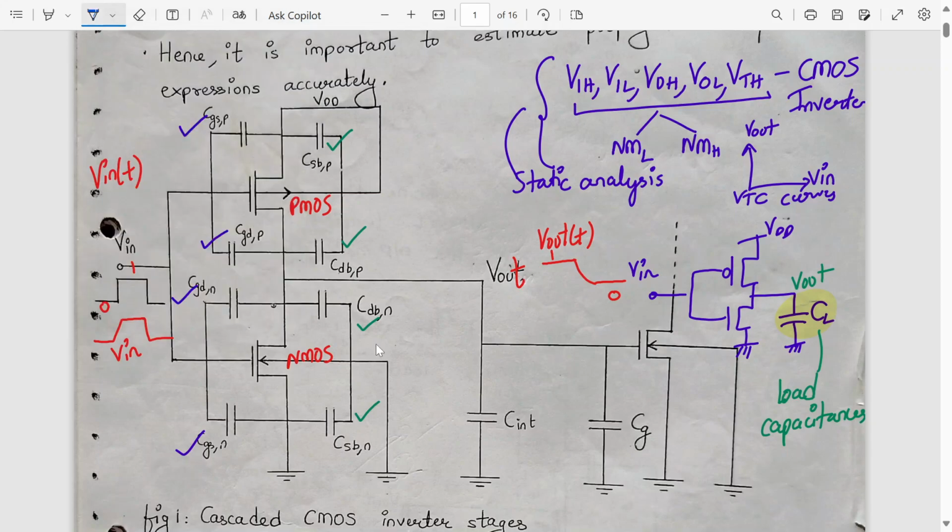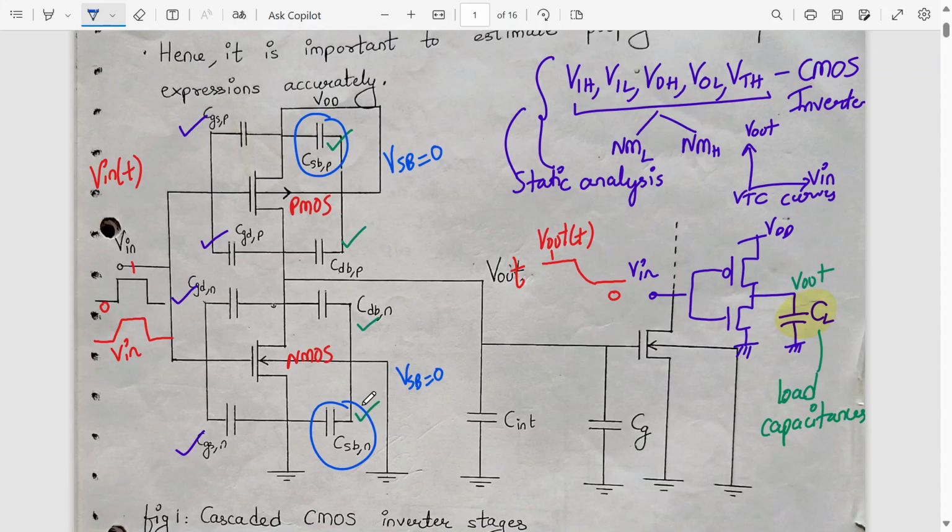These capacitances are not present, this one and this one. The reason is that here the substrate terminal and the source terminal are both connected to ground. So there is no VSB present over here. Here VSB is 0. Similarly here also the body effect or the substrate bias effect is 0. That's why this capacitance is not existent right now.